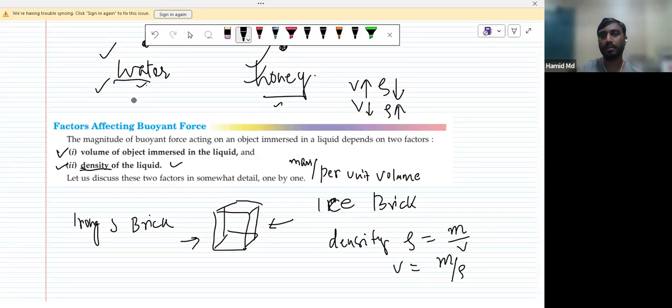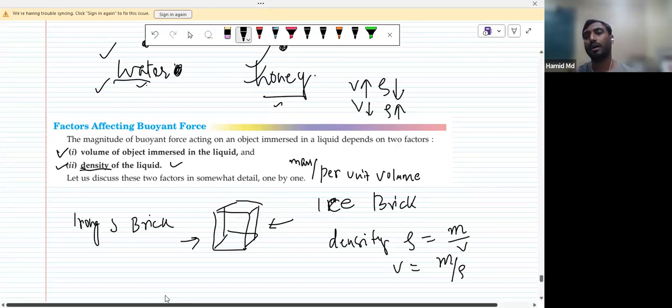Here the volume displacement will be low, so it will go with little upthrust. Here it will be a little more upthrust.